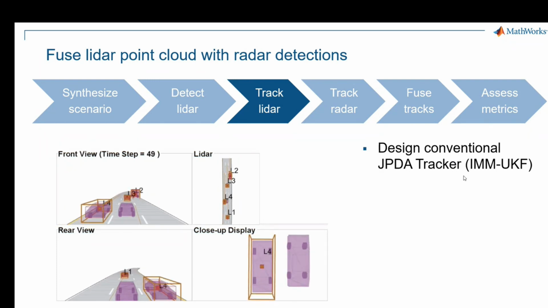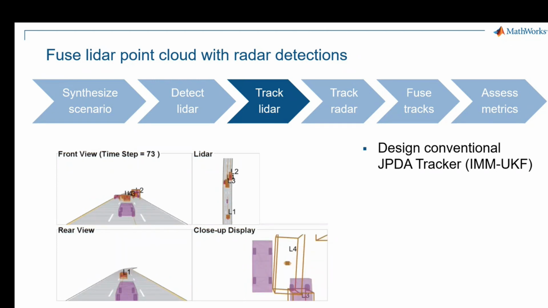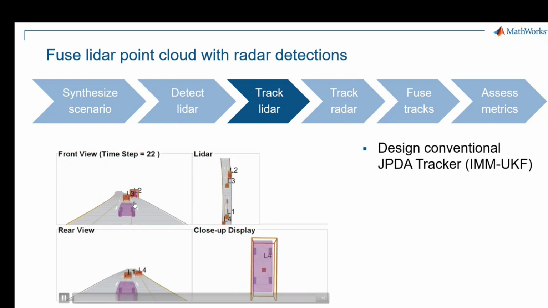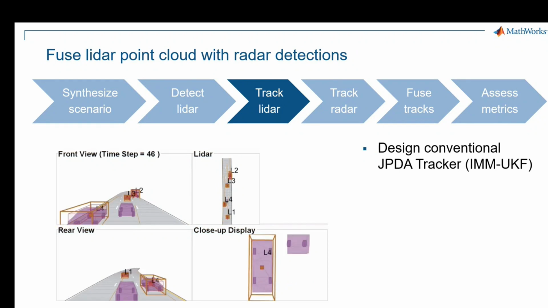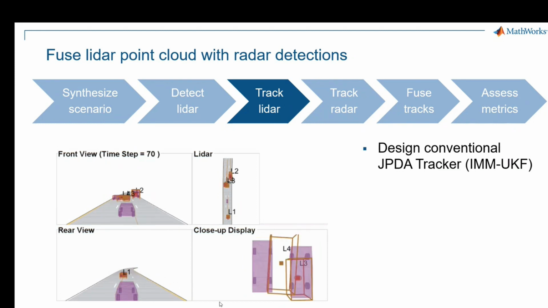It's an interacting multiple model tracking filter, which is useful when it comes to vehicles because it gives the ability to handle maneuvering vehicles that change lanes. So when we add this tracker, the output is going to be the tracks as we see here for each of the vehicles. And we can observe that most of the time it works quite well.